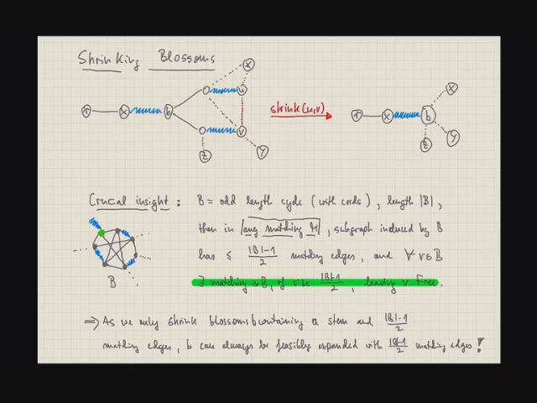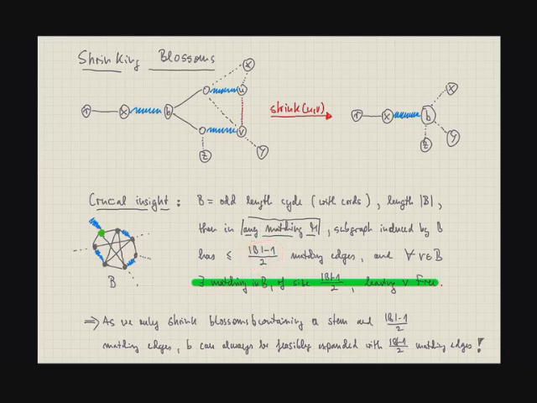Okay, so the crucial insight is that when we have this blossom B here, an arbitrary odd length cycle which might contain a lot of chords, when we shrink such a blossom, we precisely know how many matching edges we have on this odd length cycle, and that is exactly the length of the cycle minus 1 divided by 2.